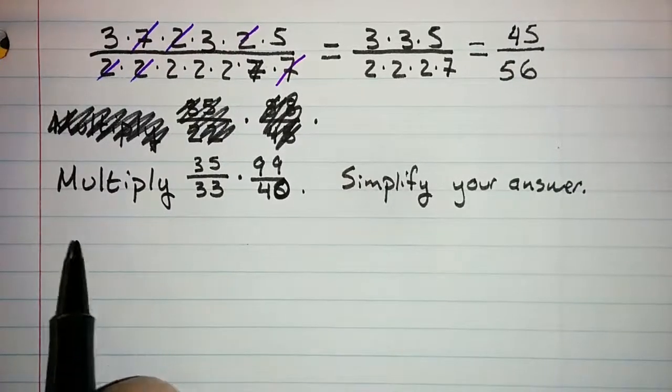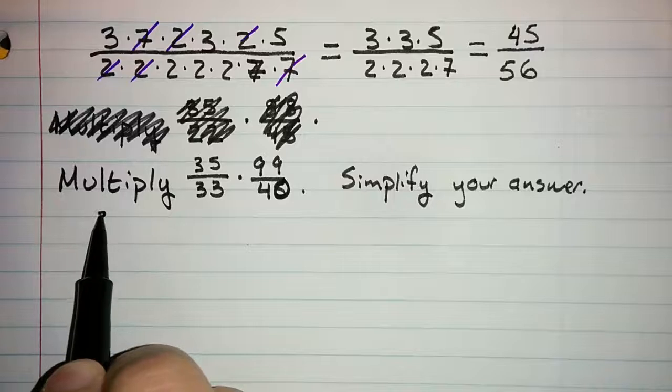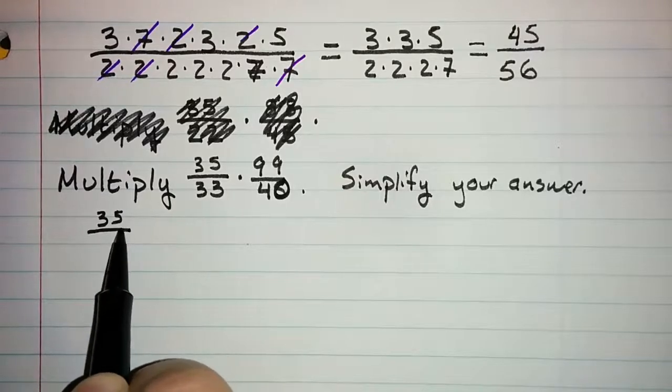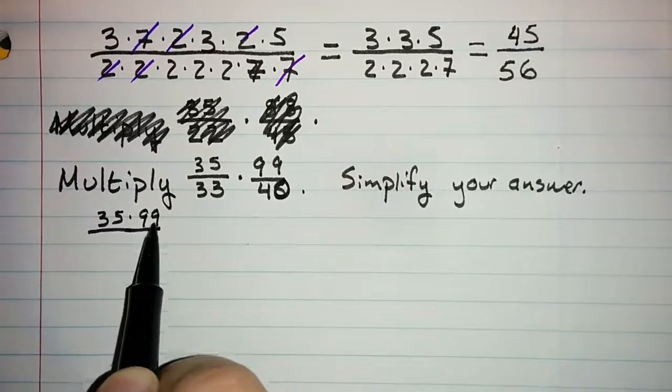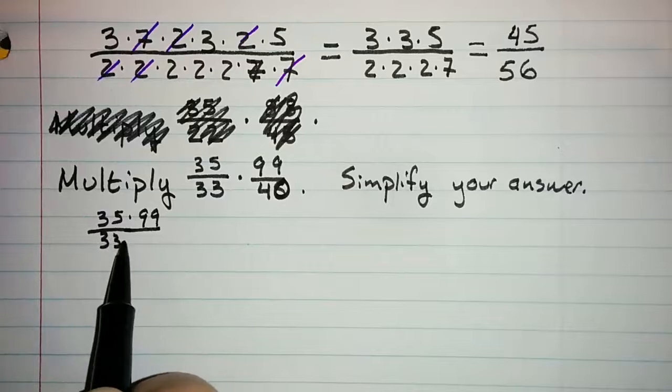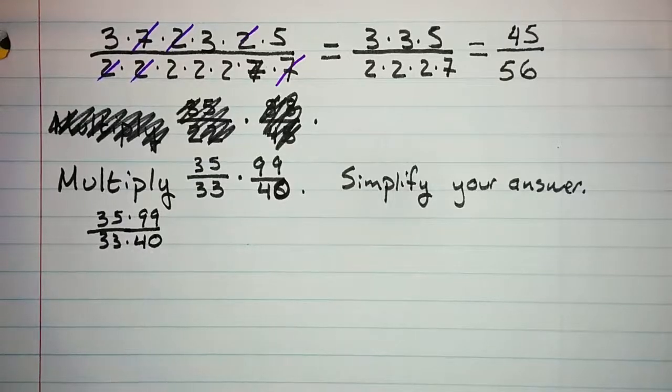Alright, so when we multiply, we'll get 35 times 99 over 33 times 40.